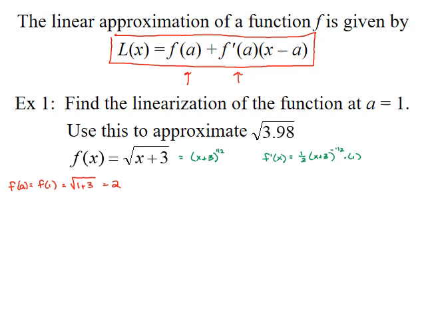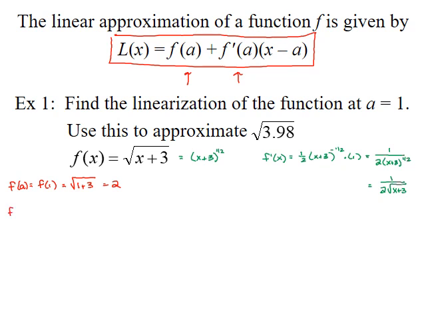Since the 1 doesn't do anything, I'm going to take this negative exponent and bring it back to the bottom. So that is 1 over 2 times x plus 3 to the positive 1/2, which is the same thing as 1 over 2 times the square root of x plus 3. I know we didn't simplify those a lot on the midterm material, but you'll need to do it a lot more since you're going to be plugging numbers into this.